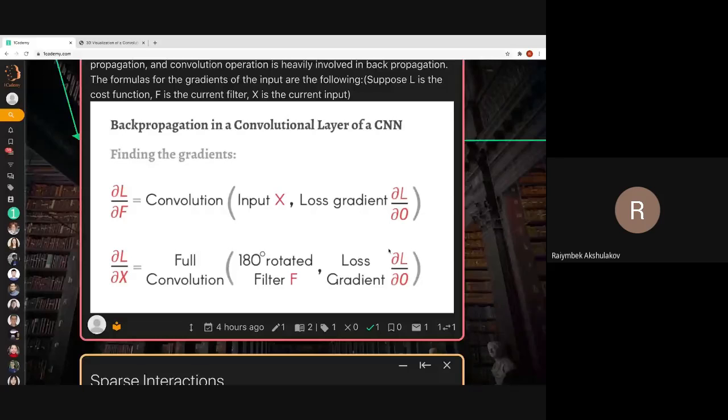As we can see, the back propagation is also based on convolution. Over here it says full convolution. It means we have to add the appropriate padding, so the output of the convolution will have the same shape as the input.